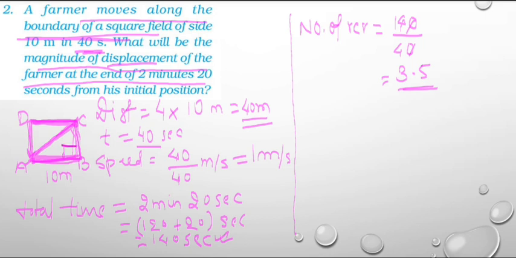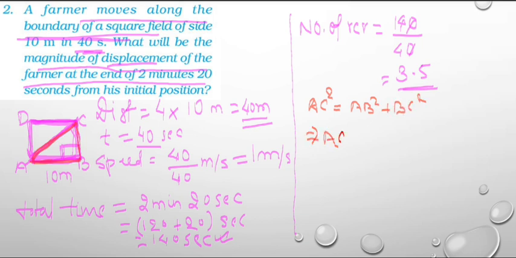And students, we know all the angles of a square are 90 degrees. And we can clearly see a right angle triangle over here. Let me change the color of the pen first. We can see that ABC is a right angle triangle. From Pythagoras theorem, we can say AC square is equal to AB square plus BC square.